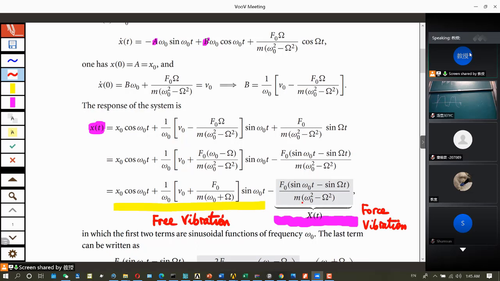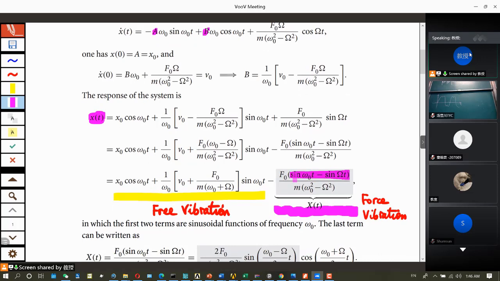Okay, so you can see it has sine omega 0 t minus sine omega t. Okay, so that's the term. It is a combination of two harmonic functions, sine omega 0 t and sine capital omega t.